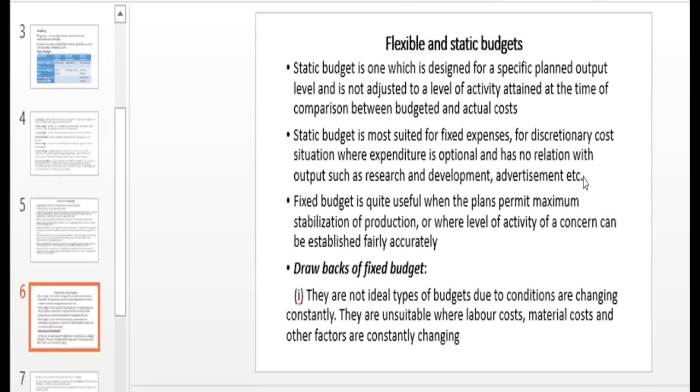Now, drawbacks of a fixed budget or static budget: they are not ideal types of budget due to conditions changing constantly. They are unsuitable where labor costs, material costs, and other factors are constantly changing. So you realize that these budgets cannot be applied where we have a lot of fluctuations in prices in the market of goods and services, in inflation, in exchange rates. So this kind of budget cannot work well in such an environment.